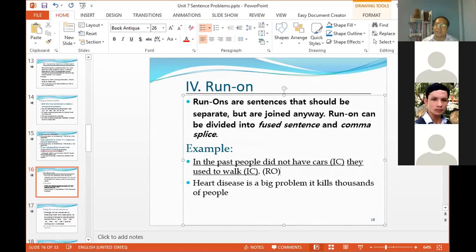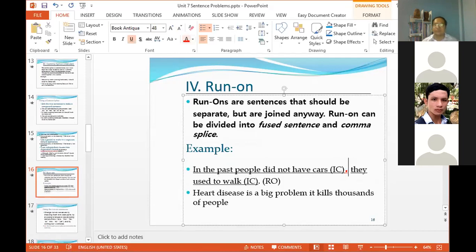And the way we correct run-on is the same as comma splice. You can put a full stop. Just put a full stop, that's it.